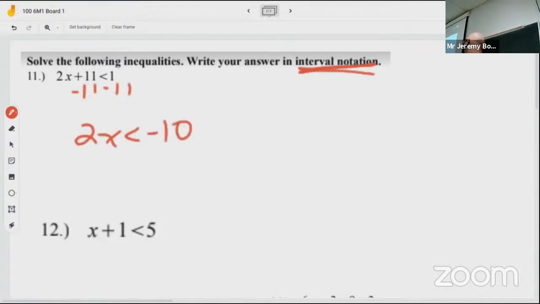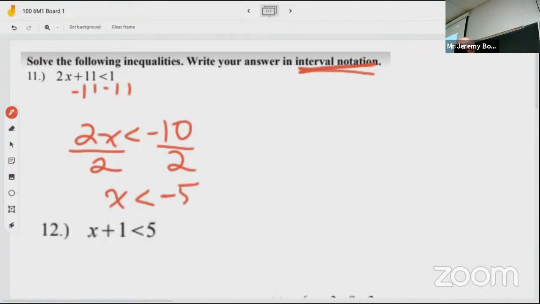So notice that we subtracted a number. The sign doesn't change in that case. It's only when we multiply or divide by a negative that the inequality will switch. And then we're going to divide by 2 on both sides. We're dividing by a positive 2, so it's going to remain the same relationship. And x is going to be less than -5.